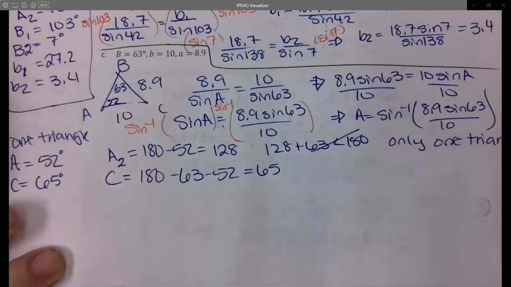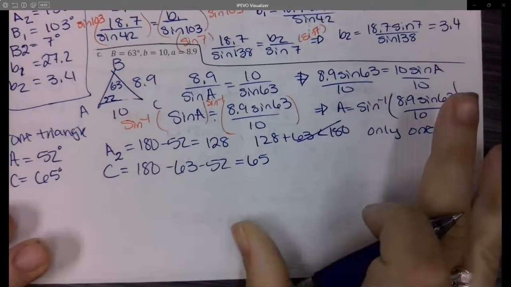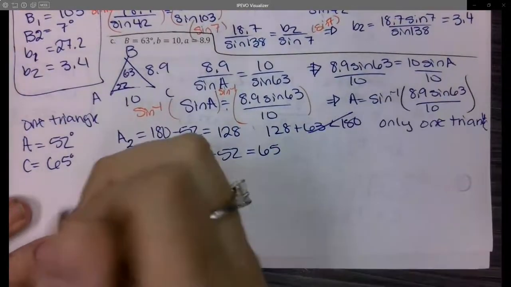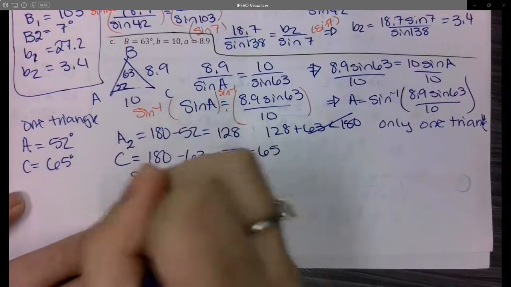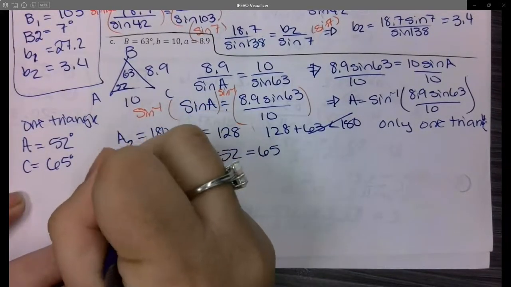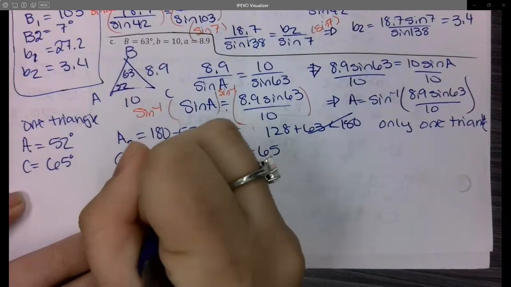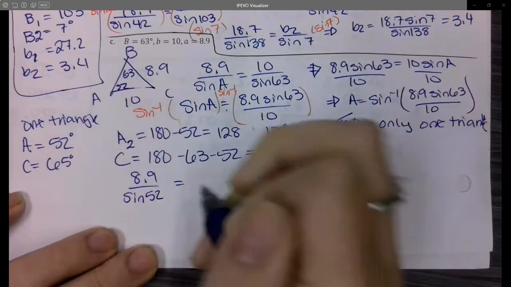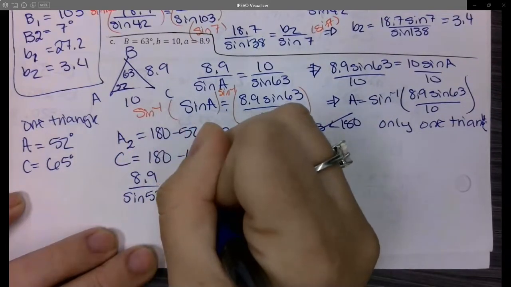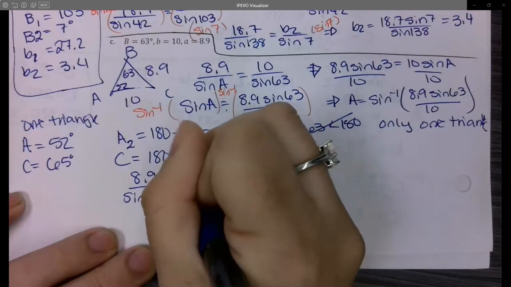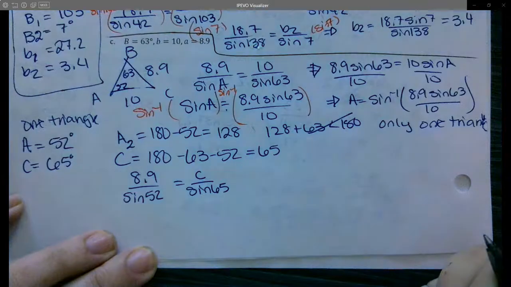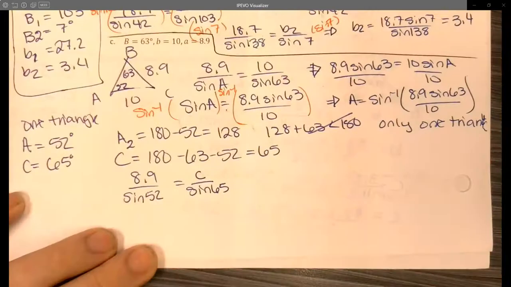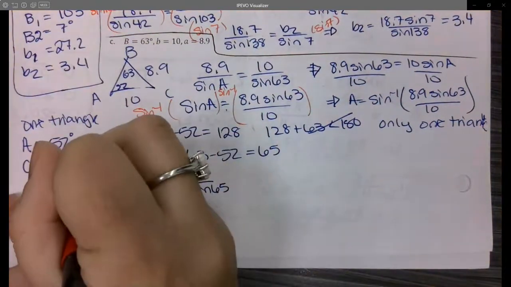Then I just need to find my side length for C. So what I want to do here is my law of sines. I'm going to have 8.9 over sine 52 equals C over sine 65. Then I want to multiply both sides by sine of 65.